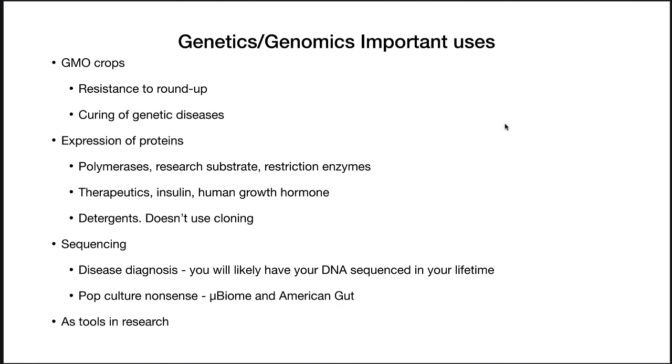You can express all sorts of proteins using these systems: polymerases, research substrates, restriction enzymes. There's therapeutics such as insulin and human growth hormone. In detergents, they actually isolate enzymes that way. Now this doesn't use cloning, but lots of detergents have alkaline phosphatases and proteases in them, and that makes these detergents work better. The sequencing is really revolutionizing things.